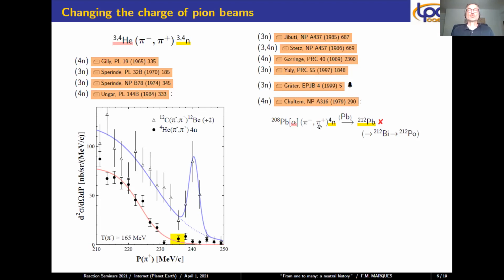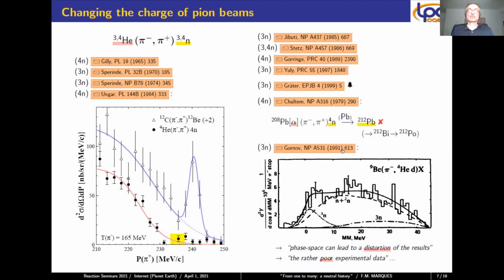So you do pi minus, pi plus, quasi-free on an alpha particle of lead. And then this tetraneutron that you may have created can interact with another lead nucleus and lead to lead-212. So this was a quite interesting idea, but without positive result.